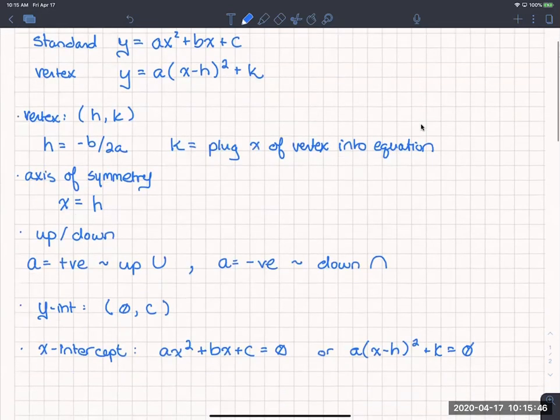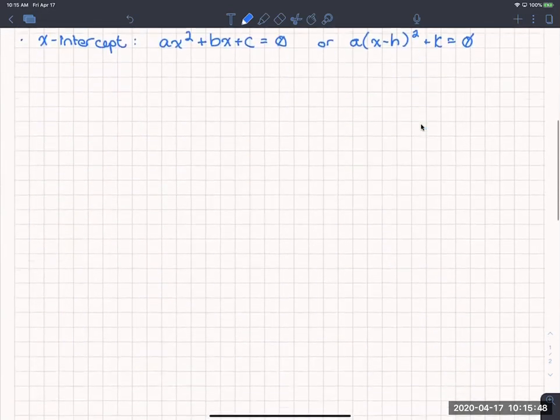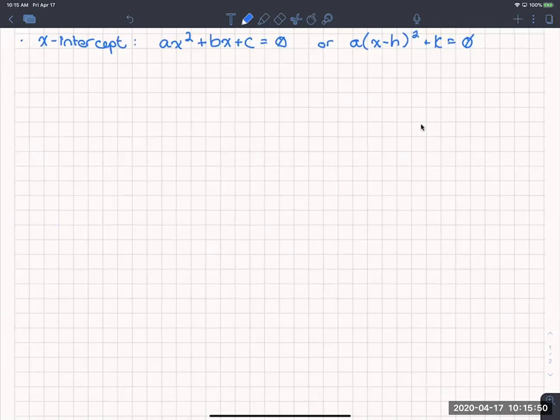Now, yesterday we talked about a problem type, something like this. Okay. And we said if we want to solve this equation for x, when we have an equation in vertex form, we have to get this square part by itself.